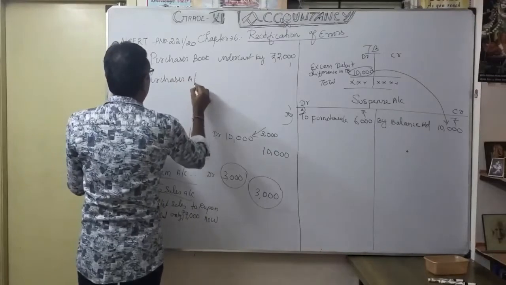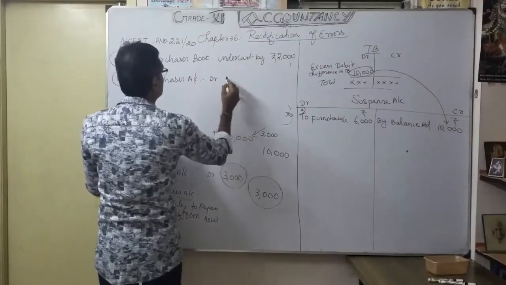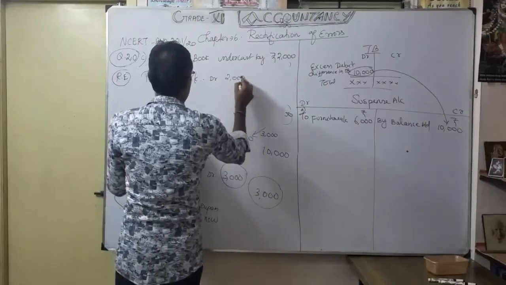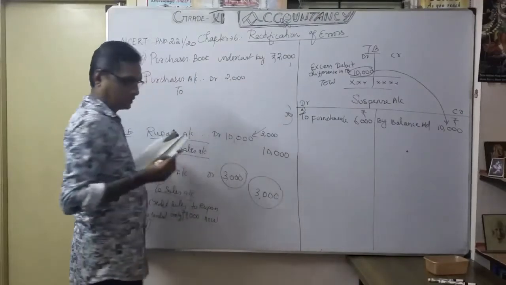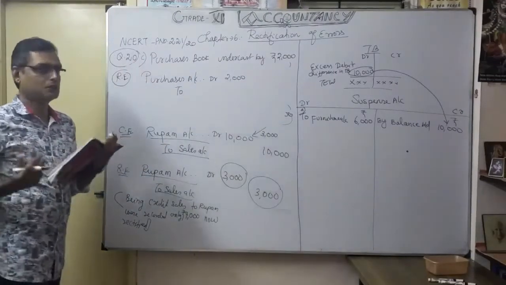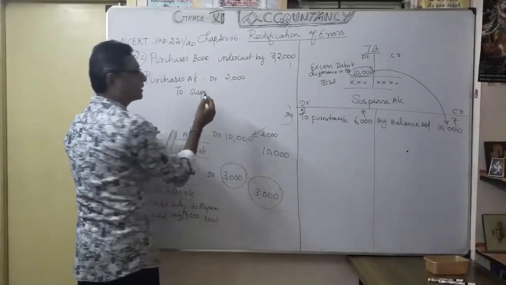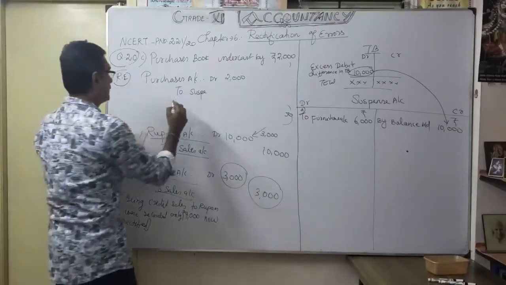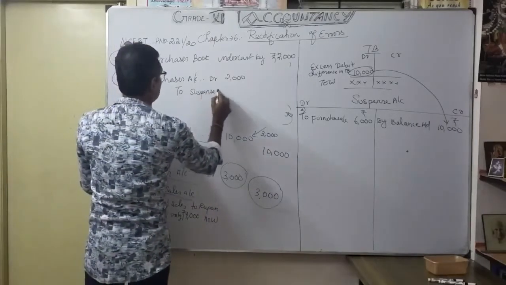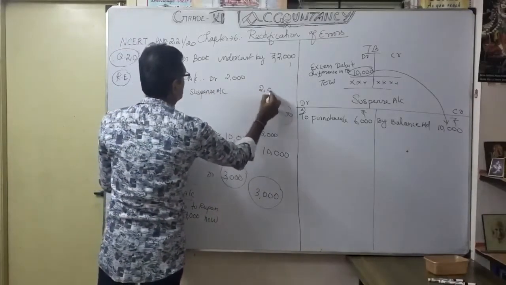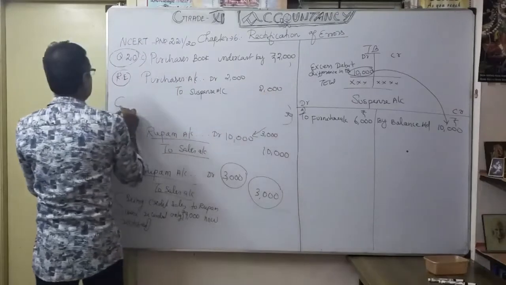Purchases account debit, how much? 2,000. Now the credit part is what? Our credit part is the suspense account, because only the debit side was given the effect. So to suspense account 2,000. So what is the narration?